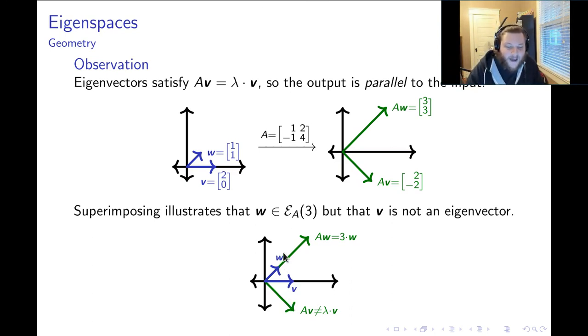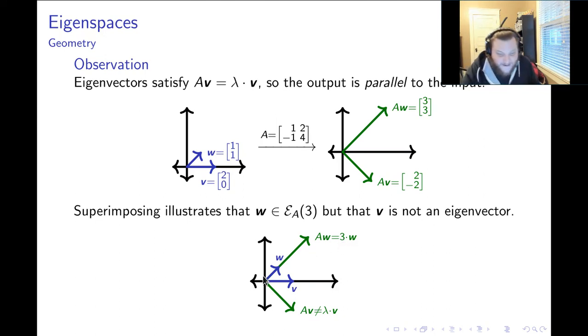On the other hand, when I multiplied A times W, I got 3, 3, which of course is 3 times 1, 1. So that tells me A times W is 3 times W, which means W is an eigenvector of A, and the associated eigenvalue is 3.